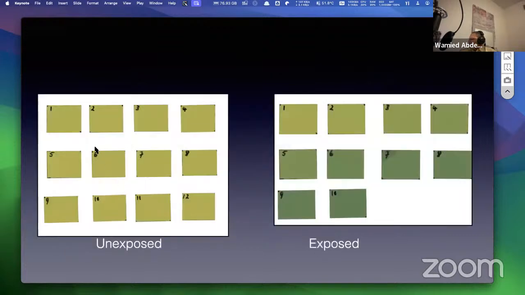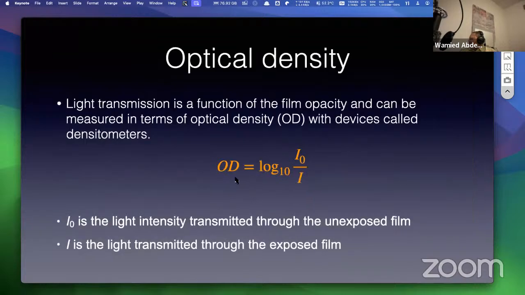This is an example from the work of Ibrahim, where we calibrated the films. We put some films and shoot them with different doses. As you can see, as the dose deposited to the film changes, we get a different opacity of the film. The way they're read is using optical density.